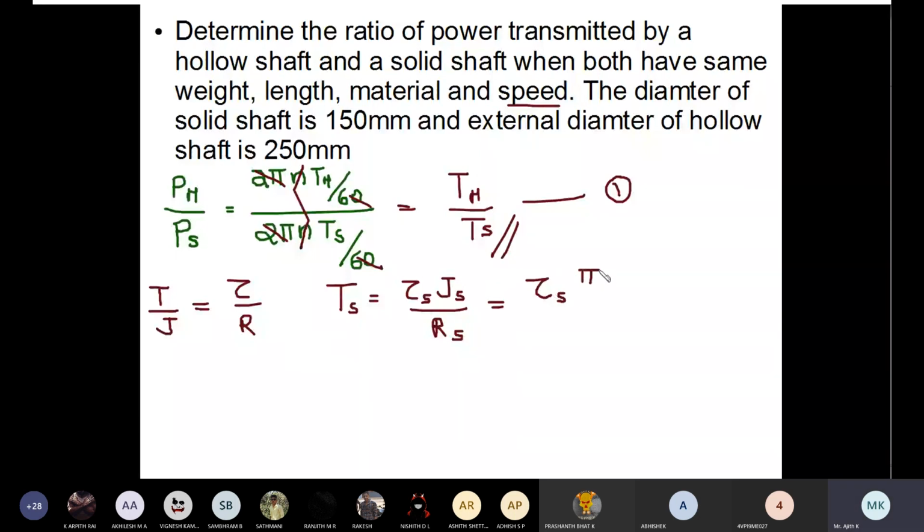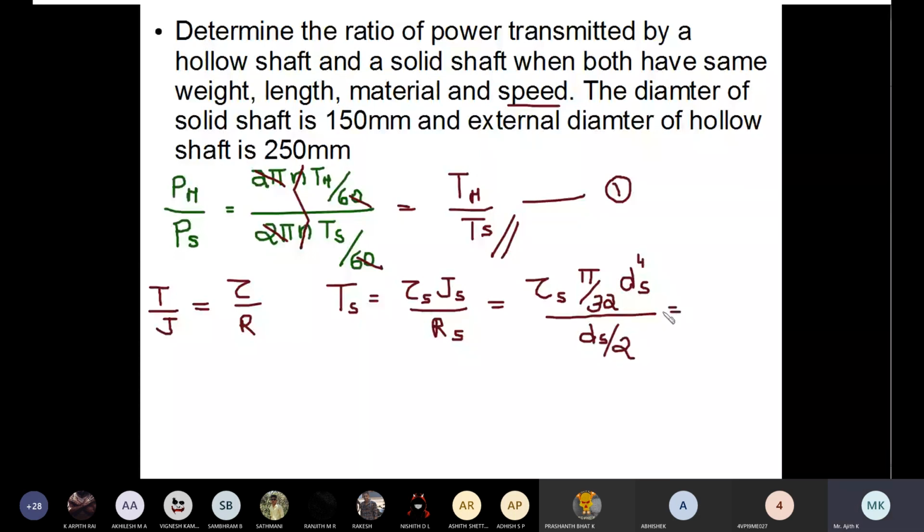J for the solid shaft is given by pi by 32 into the diameter of the solid shaft to the power 4, pi d to the power 4 by 32, divided by the radius of the solid shaft, which is the diameter of the solid shaft divided by 2.